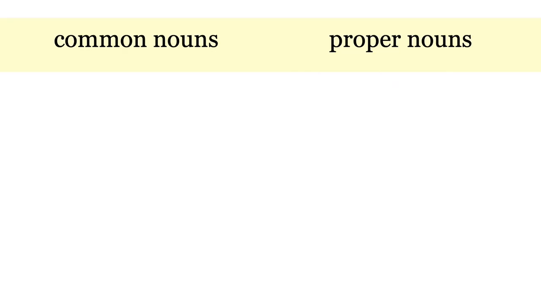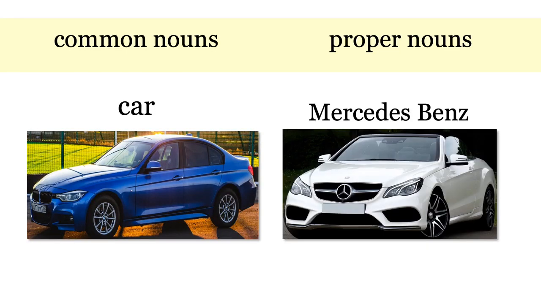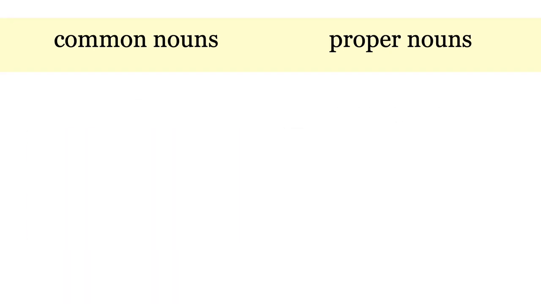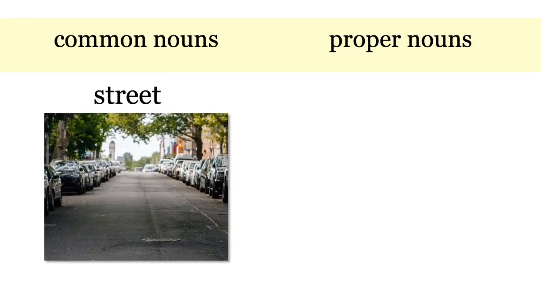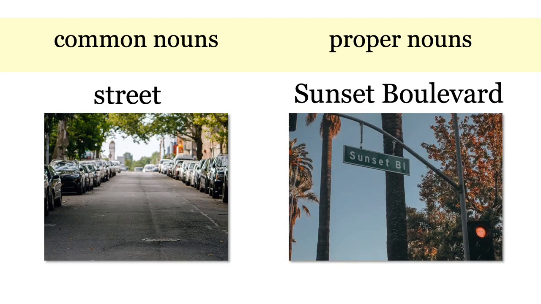The word car is a noun, but Mercedes-Benz is a proper noun because it is the name of a kind of car. That's why the M and B in Mercedes-Benz are capital letters. The word street is a noun, but when the street has a name, like Sunset Boulevard, it becomes a proper noun.